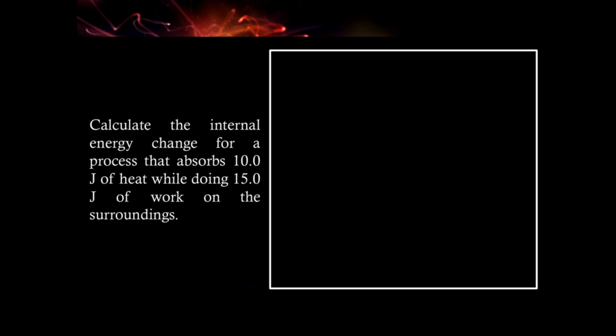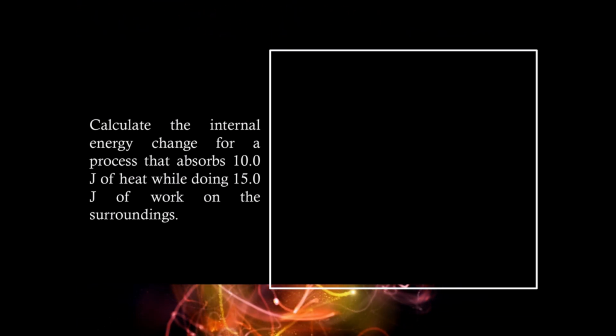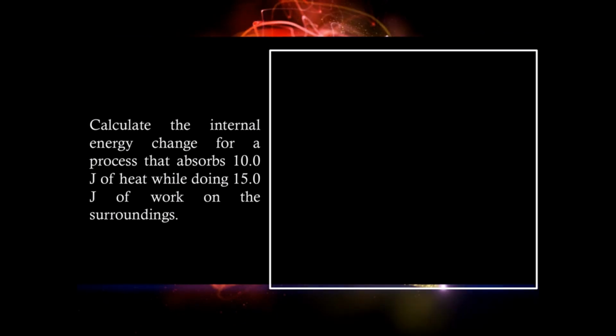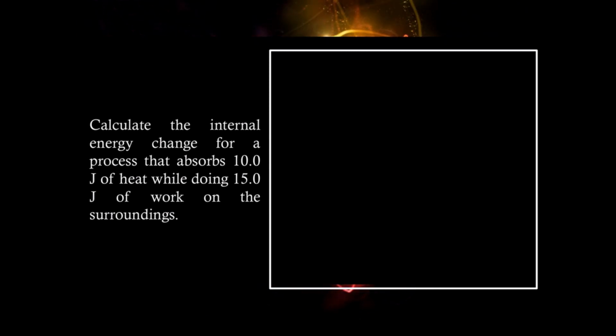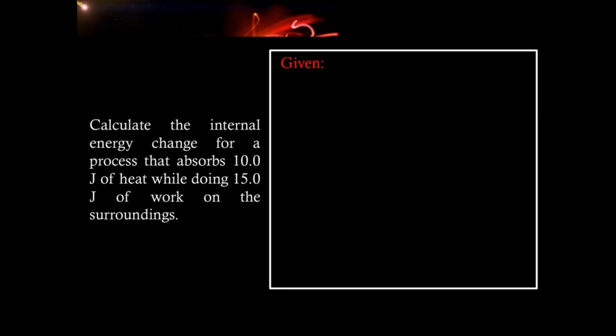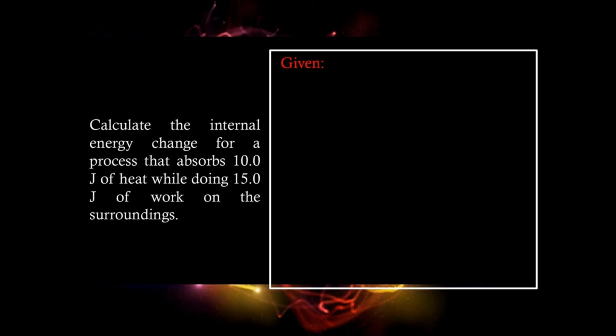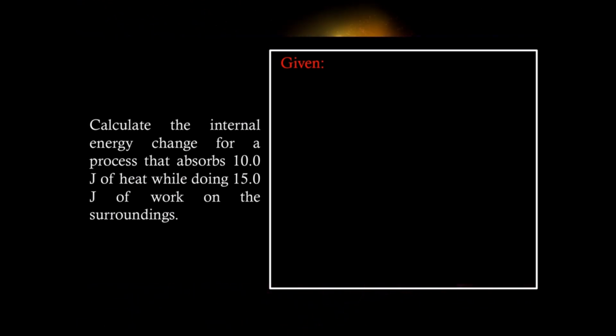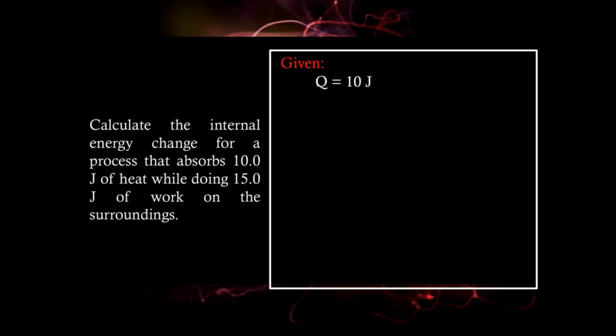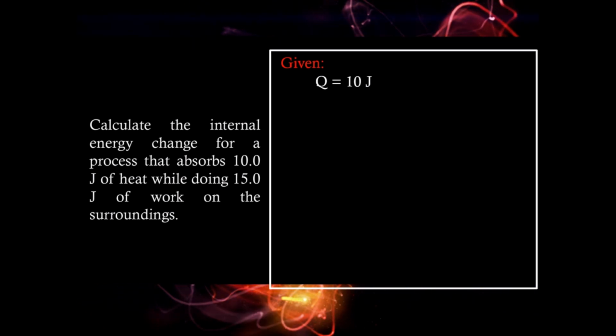Example: calculate the internal energy change for a process that absorbs 10 joules of heat while doing 15 joules of work on the surroundings. Again, we will use the GAPSA method. So the given here are, as mentioned, heat is being absorbed or added, so it is Q equals 10 joules, positive.